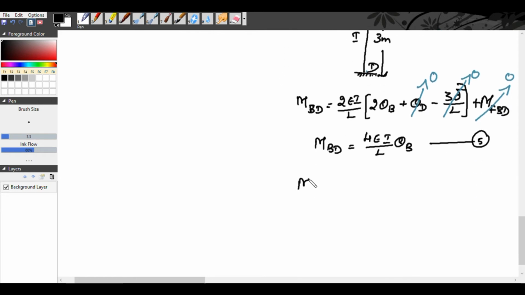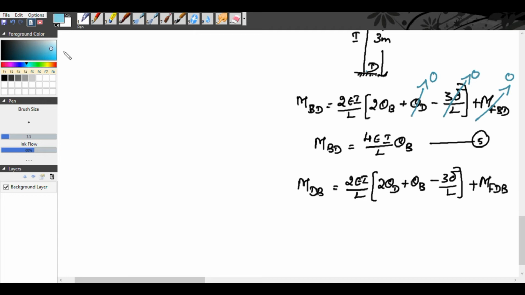Now, similarly, MDB will be equal to 2EI by L into 2 theta D plus theta B minus 3 delta by L plus MFDB. So, here also we know D is fixed, so this term becomes 0.